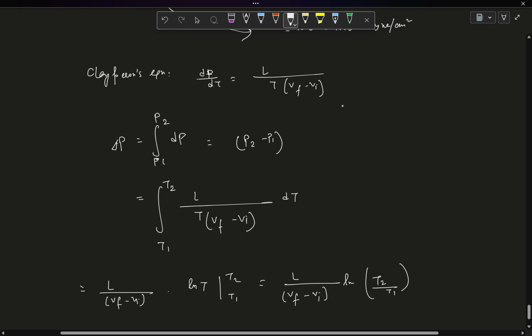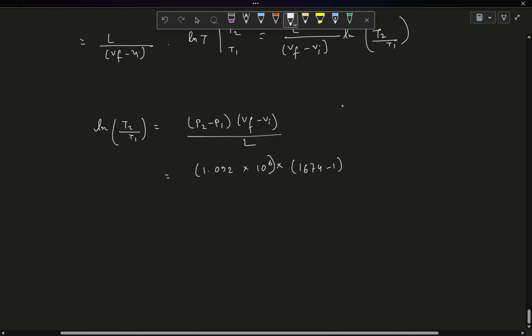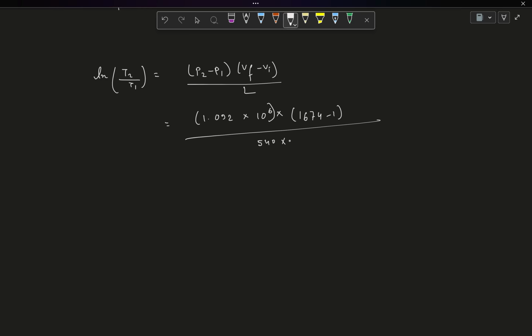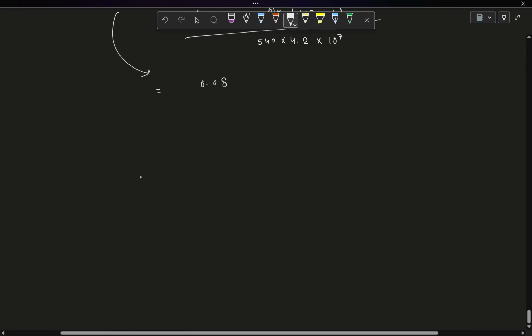Then you also have to substitute L, which is 540, because you have to convert everything into CGS. So convert into erg units, where calorie to erg is a factor of 4.2 into 10 to the power 7. If you calculate the whole thing, it will be 0.08. So ln of T2 by T1 is equal to 0.08.